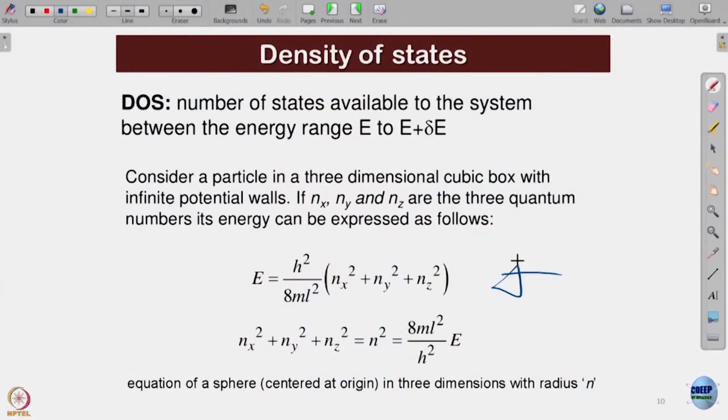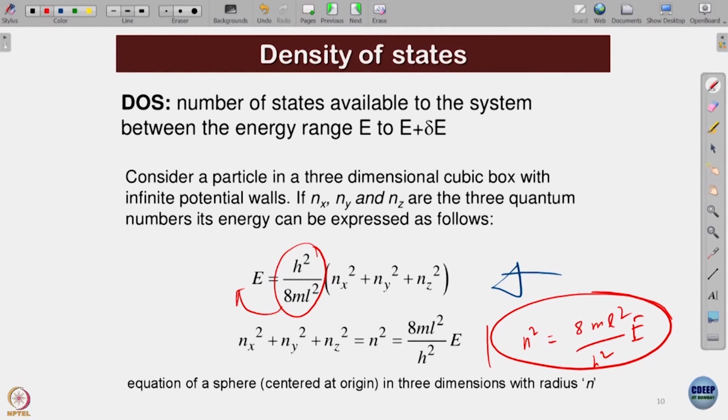Now, this is a beautiful equation. If I can massage it a little bit, then nx square plus ny square plus nz square, I can write as n square. Then I can take this quantity on this side, and this is going to be very important: n square becomes equal to 8 m l square by h square times E.